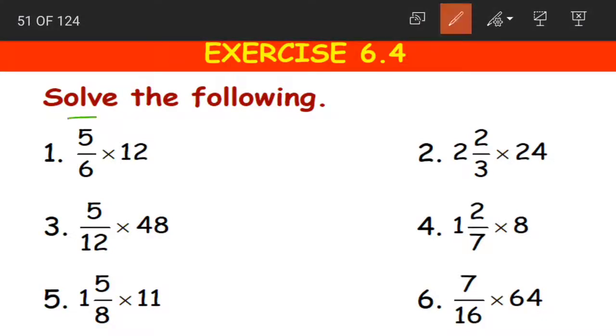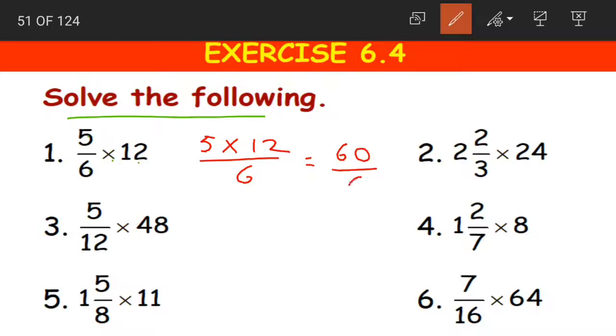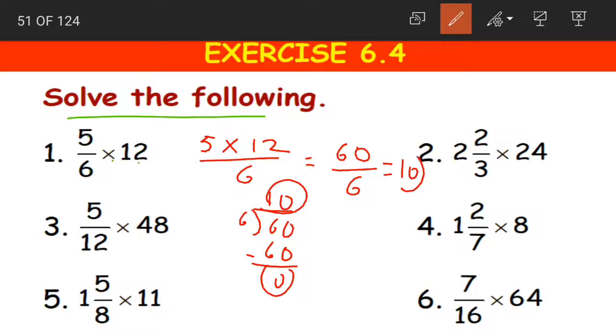Now if you look at some example exercise problems here, 5 by 6 into 12, it will be nothing but 5 into 12 divided by 6, that is equal to 60 divided by 6. If we divide 60 by 6, we have 6 tens are 60 and the remainder is 0. So 60 divided by 6 is equal to 10, children.